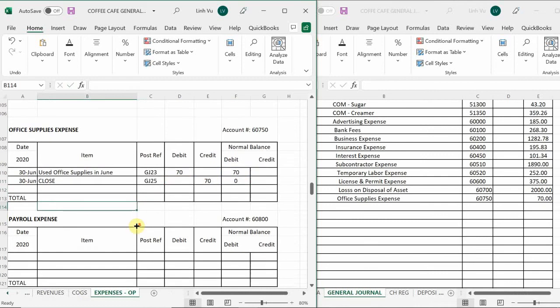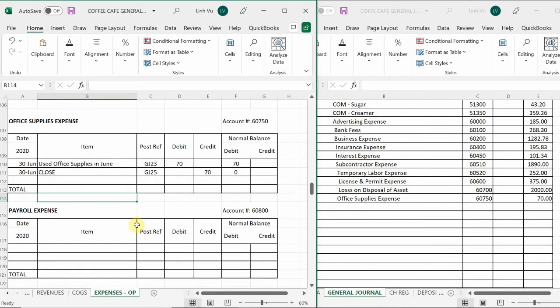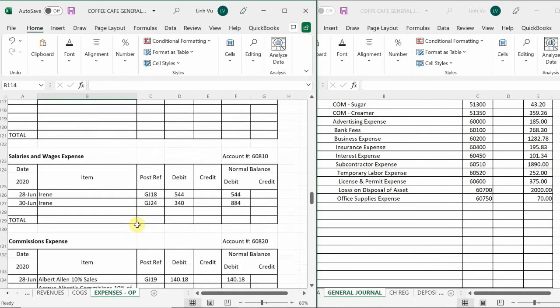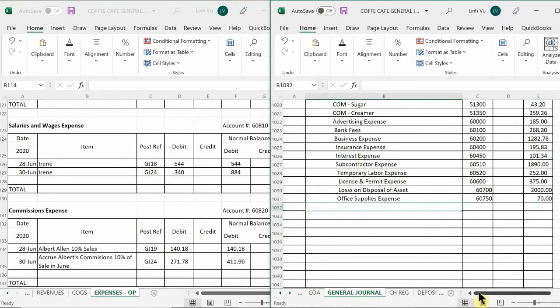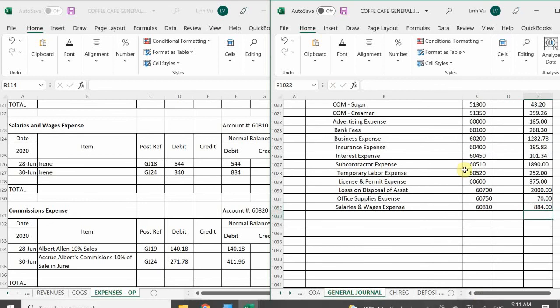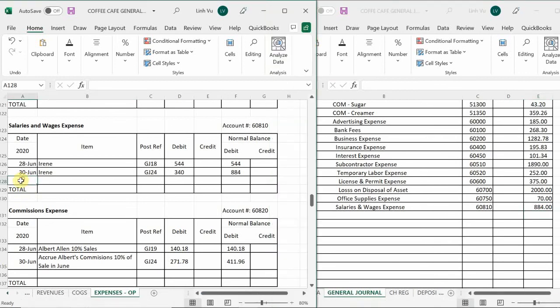Next we have payroll expense. There's nothing there, but we have salaries and wages expense. Okay, 6810 for a total of $884.